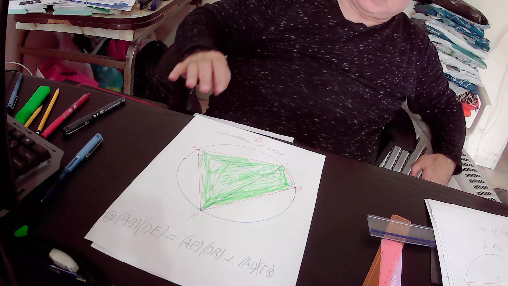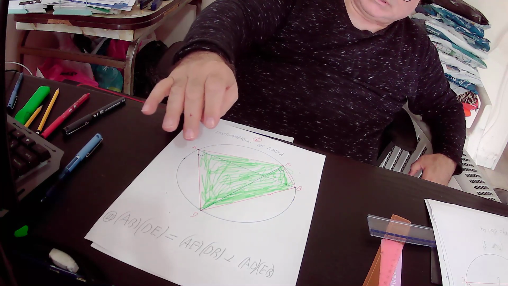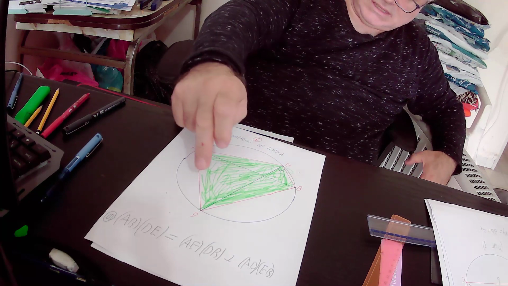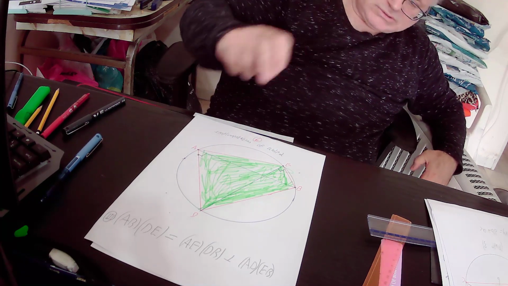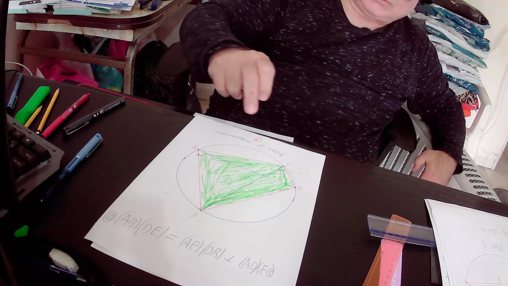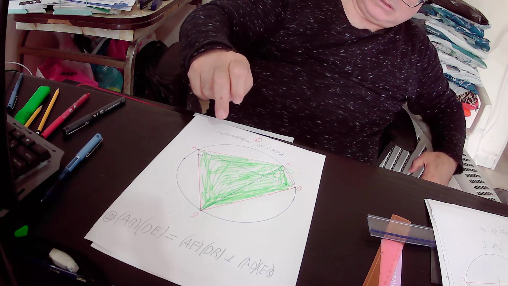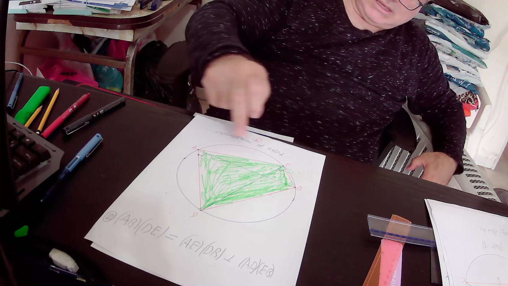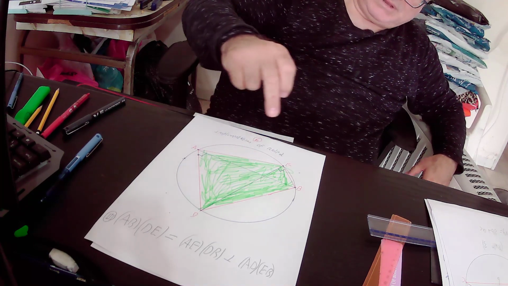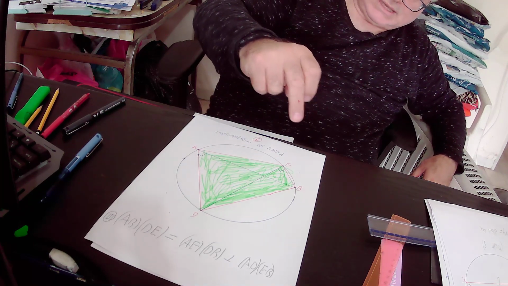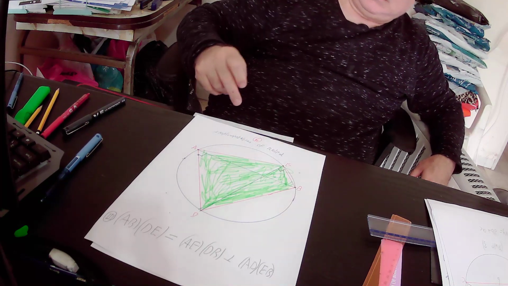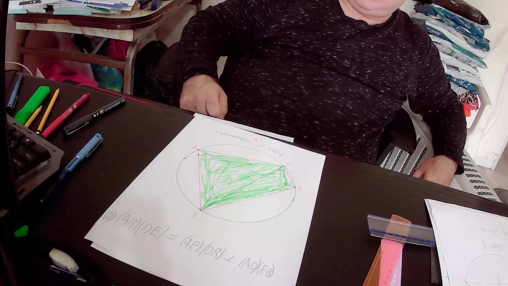Okay, I repeat again, the product of quadrilateral AEBD diagonals is AB times DE, and it equals the sum of the products of its opposite sides, that is to say, the first product of the opposite sides, AE times BD, plus the second product of the opposite sides, AD times EB.